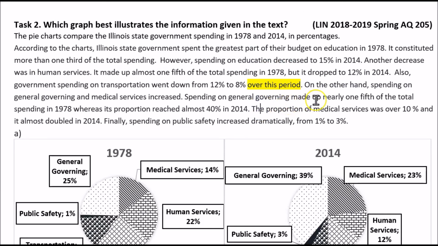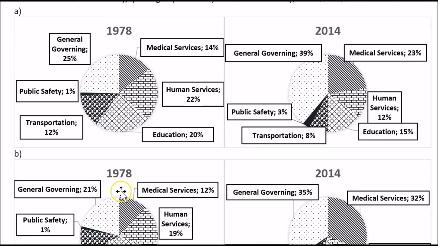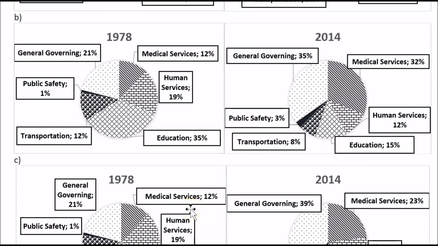Continuing with the next part, on the other hand, spending on general governing and medical services increased. We're checking general governing and medical services in both places. We see that it was at 21%, and in 2014 it rose to 35%.